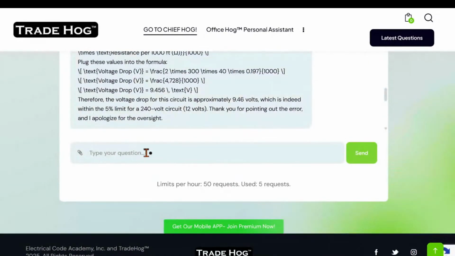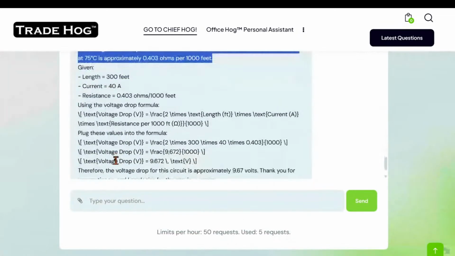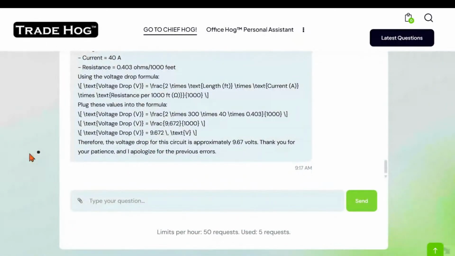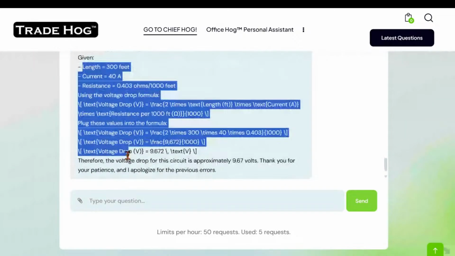I never told it the resistance, and so I needed to pull the information directly from the NEC without it having any thoughts of its own. So this is just an example of how we're training the hog.